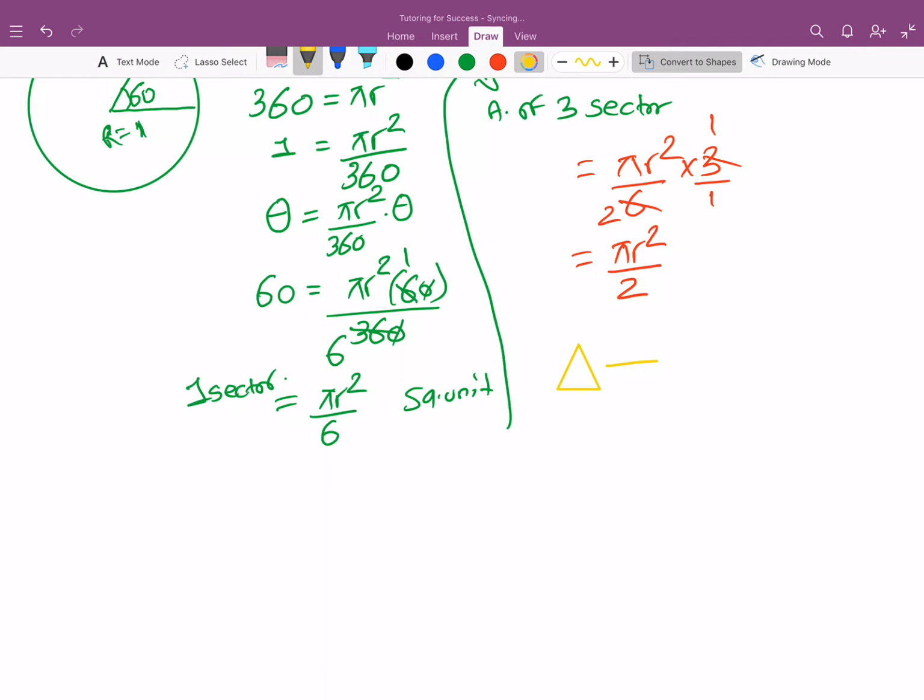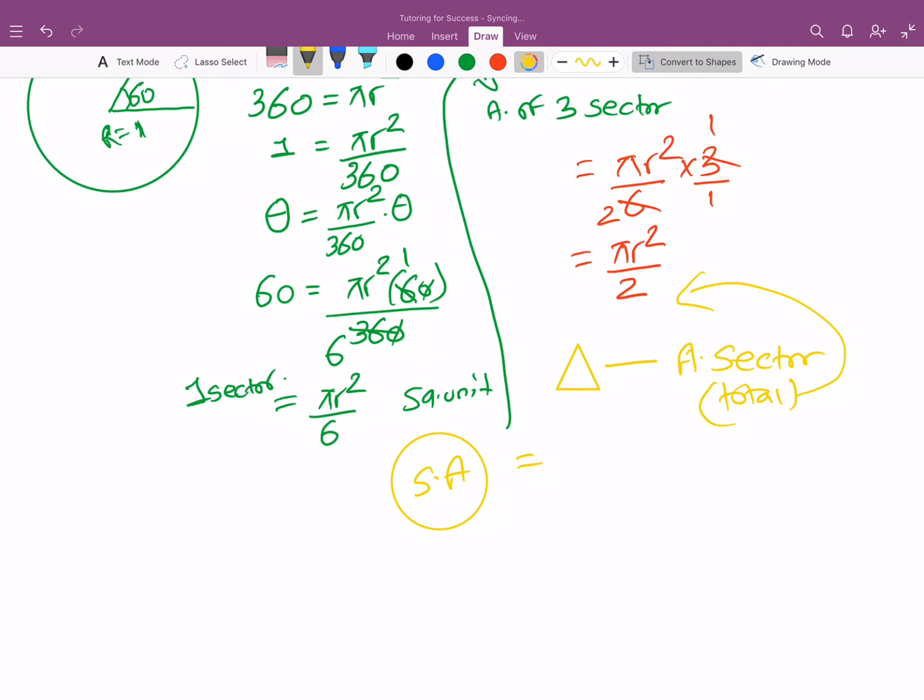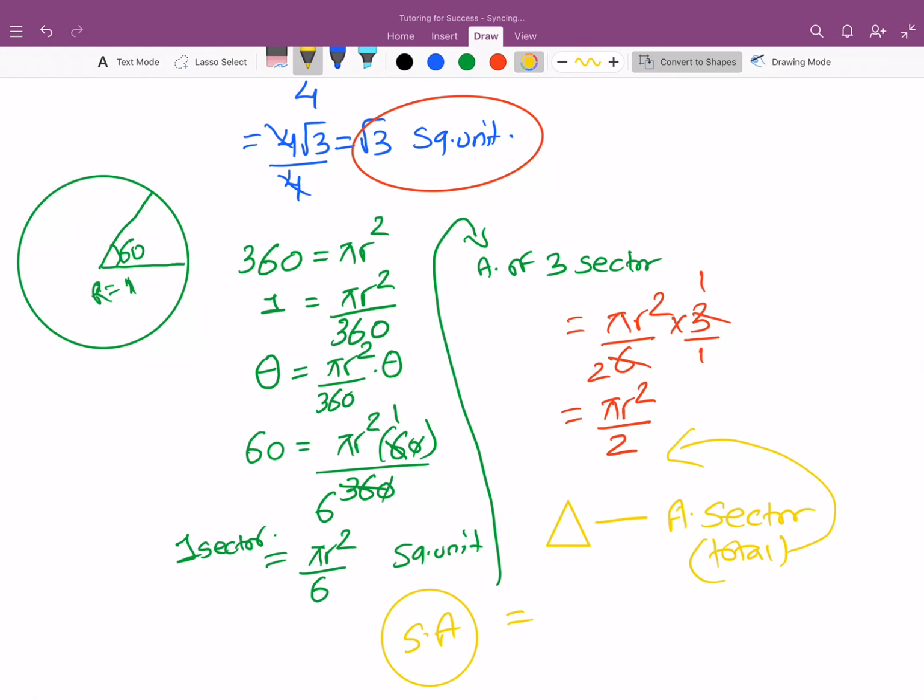So the shaded area is triangle area minus area of the sectors, which is the total area, not the individual one. So we already know the area of my triangle, which is here. So that is radical 3.